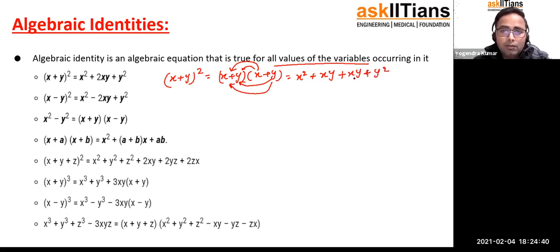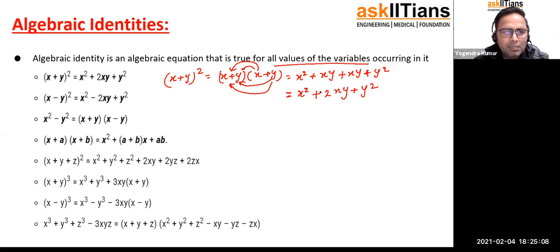You might say, sir, it should be yx, not xy. That is the same thing, because multiplication is commutative; ab or ba is the same. So what are we getting? x square, and the like terms xy and xy are like one chocolate plus another chocolate. How many chocolates? Two chocolates. So xy plus xy is 2xy, plus y square. This is how we get this particular identity.